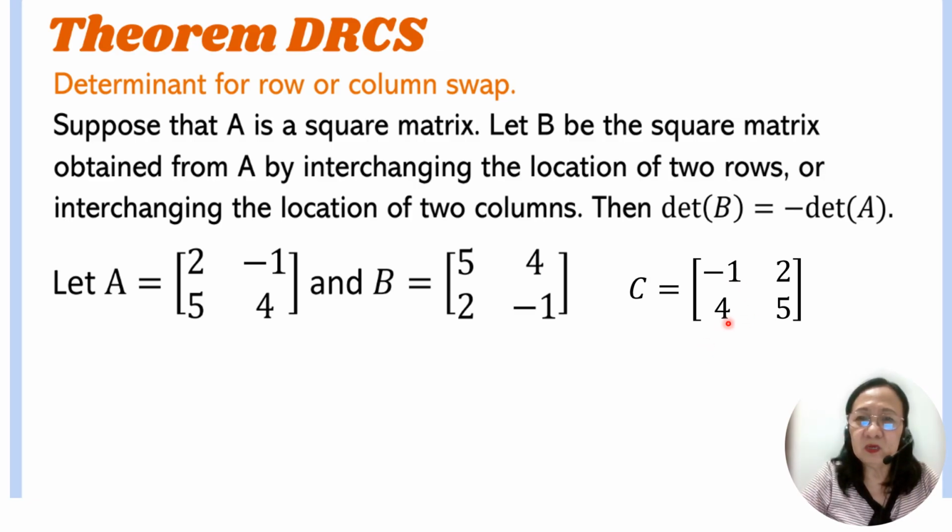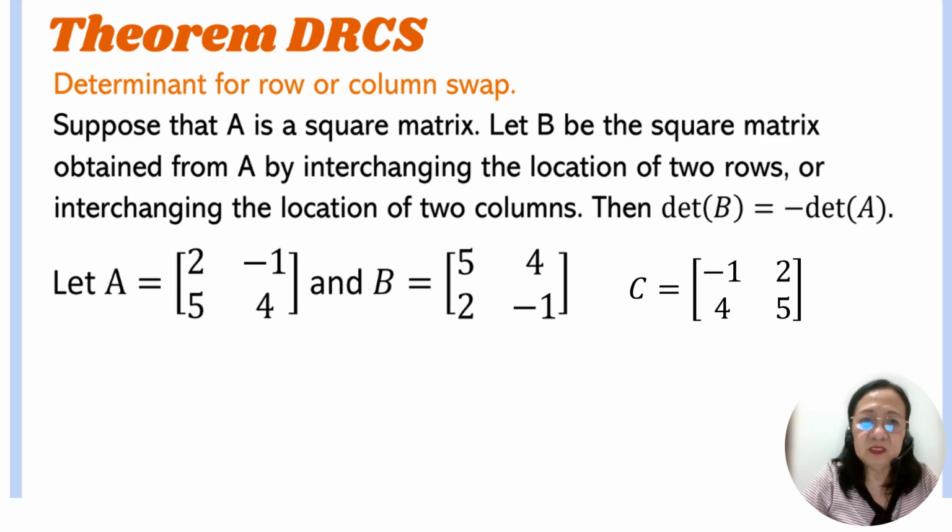So by looking now at the entries, negative 1, 4 is obtained from the second column of our original matrix. Similarly, 2, 5 were located in the first row is now written in the first column, that is now written into the second column of our matrix C. So let us prove now this part.